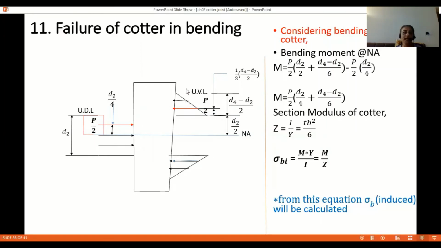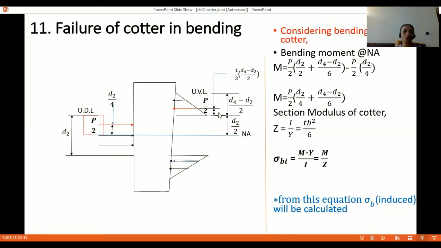So this is a radial difference, so we call this as D4 minus D2 divided by 2. As in a UVL, which is a triangular load, center of gravity is 1/3 of this distance. So P by 2 will act at 1/3 of D4 minus D2 divided by 2. And this is half of the spigot diameter, which is D2 by 2.